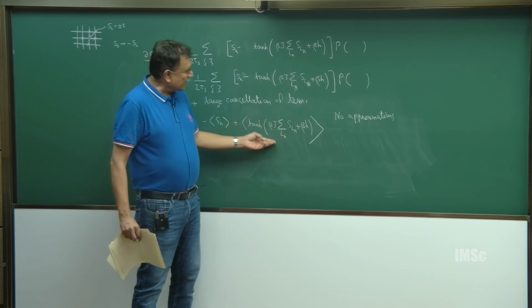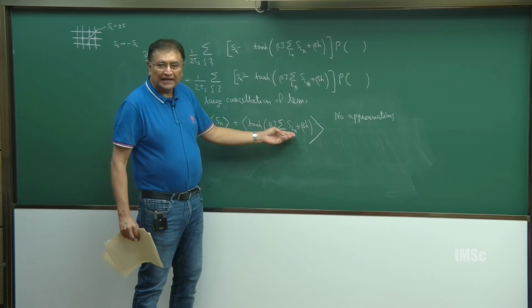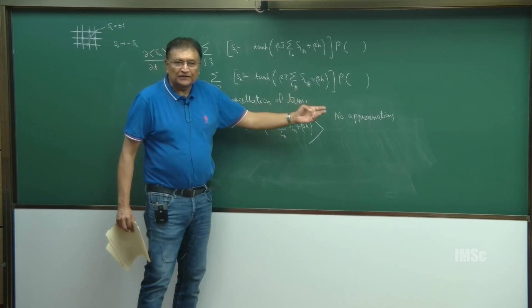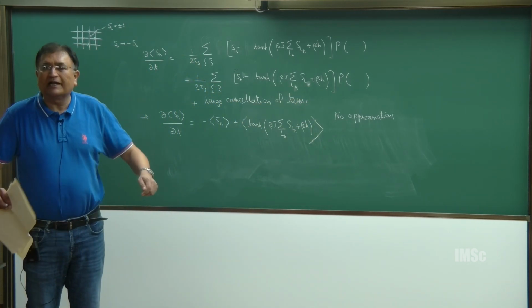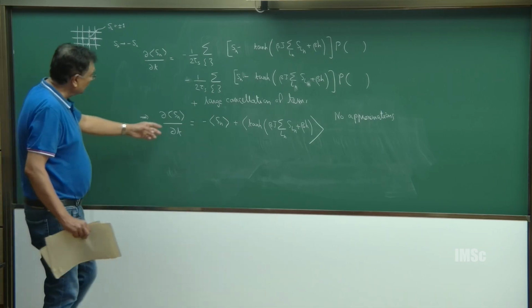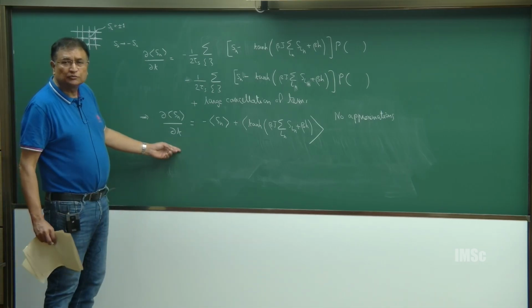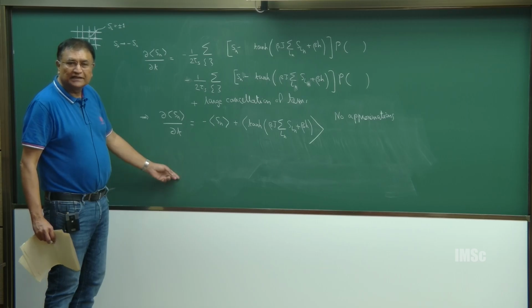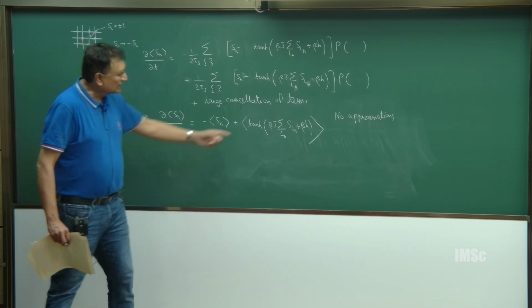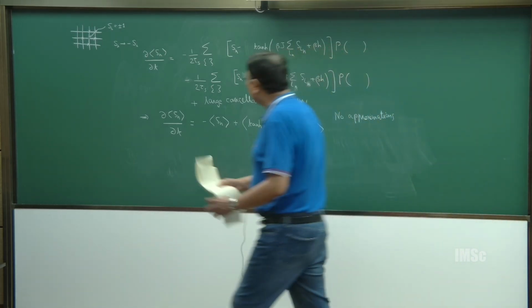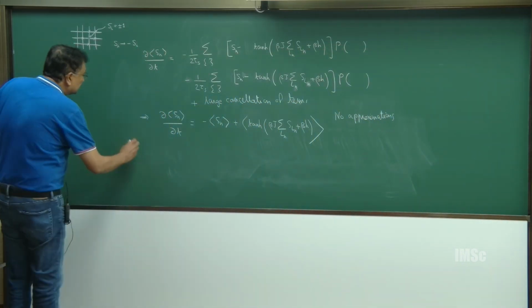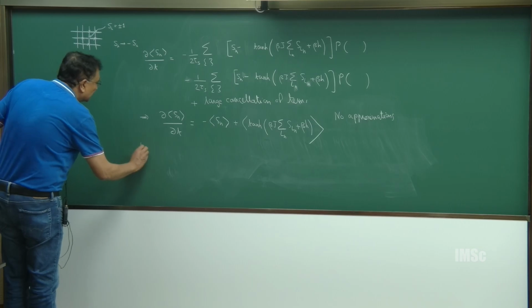If you expand tanh, you will have powers of S_l, higher powers of S_l, etc. So, you are going to have a coupled hierarchy of equations. Then you will have to write down another equation for Sn squared, another equation for Sn cubed, etc. And you will have a coupled hierarchy of equations which are intractable. Okay. So, this is where you invoke the mean field approximation in the dynamic mean field theory.